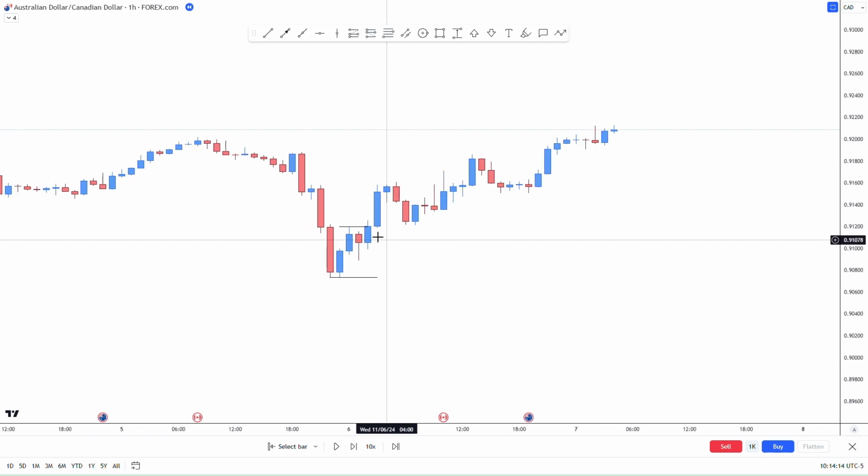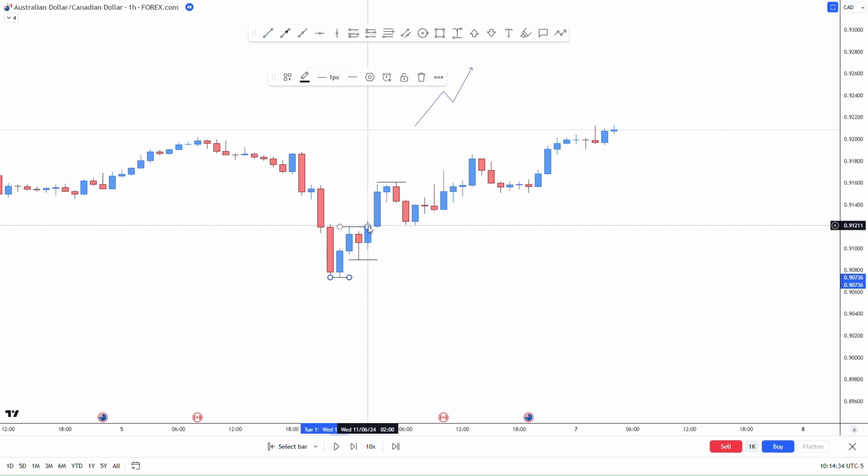Now, once price breaks over this high we've established, because remember, we're looking for higher highs, higher lows, higher highs, price has now broken up here, so our structure, or the range, would move up to here. This would now be the new low.